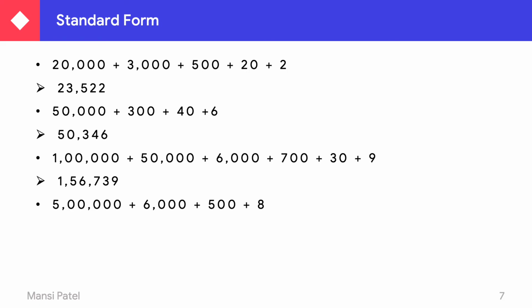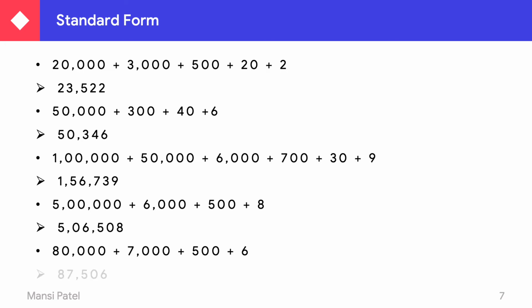So your answer is 5,06,508. Next, 80,000 plus 7,000 plus 500 plus 6. So your standard form is 87,506.